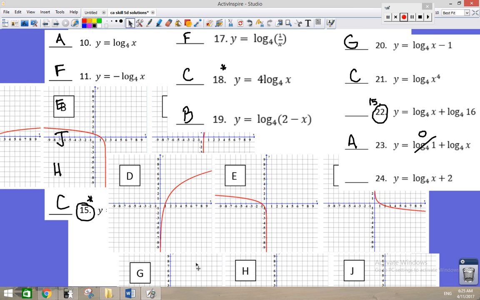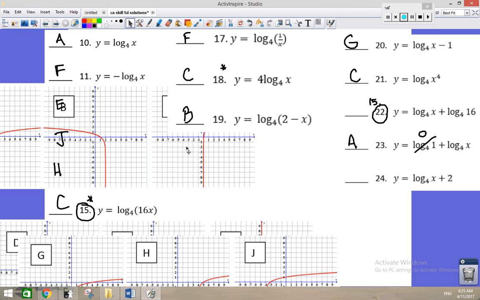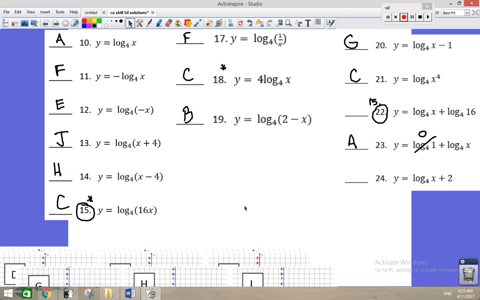Okay, so I'm pretty confident that this would be the graph of C. Now, if I rewrite this 2 as log base 4 of 4 raised to the second power, this is 16. Okay, so I am convinced then that these are C.